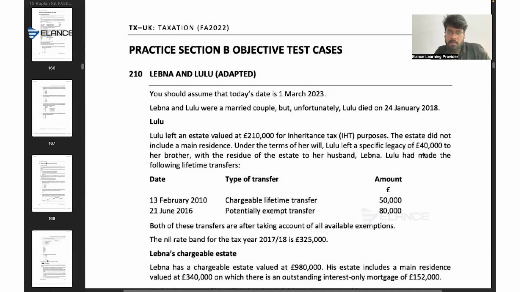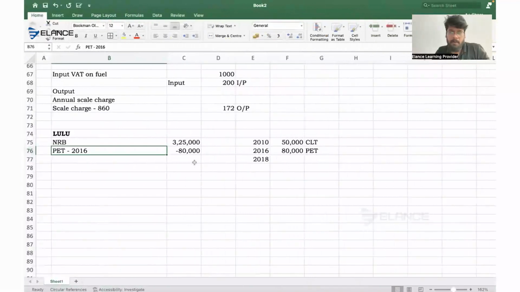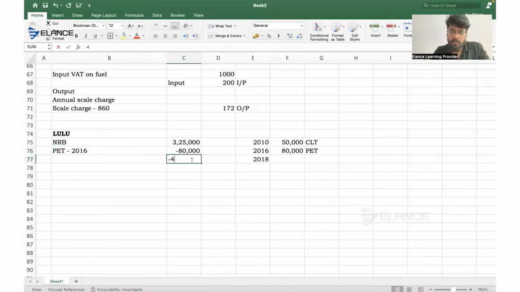And a 40,000 asset he transferred to his brother. So that 40,000 will be a chargeable amount, and that will also reduce the nil rate band.